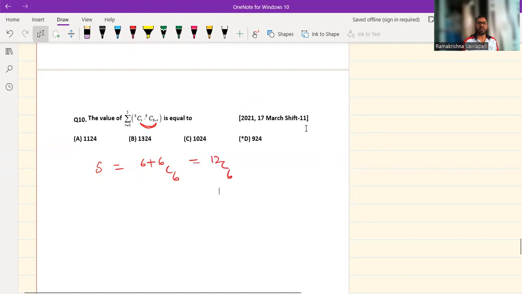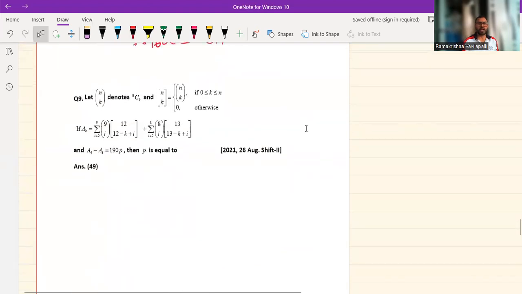I am moving to the previous question. I will give you just an idea that this A_K equal to 12C(12 minus K plus I). Again use the concept that nCr equal to nC(n minus r).